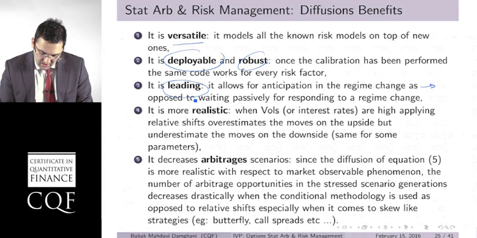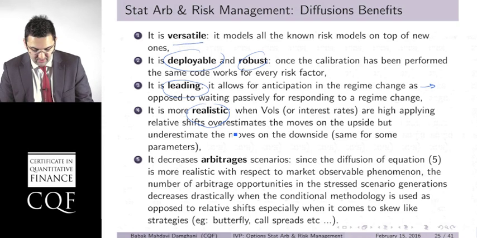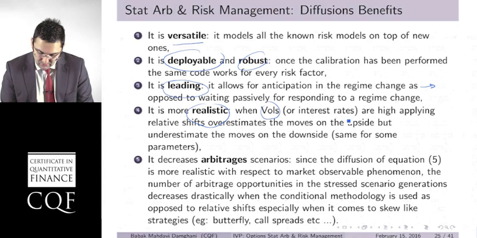Okay, so that raises the property that some of these diffusions are much more realistic with respect to the scenarios that you create. So I invite you to take a look at vols and interest rates for that specific point.